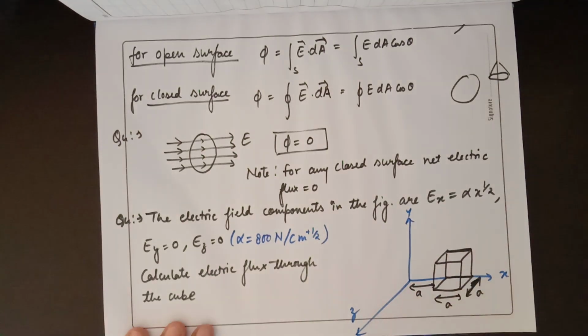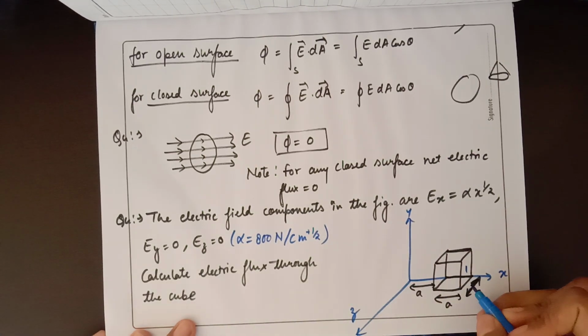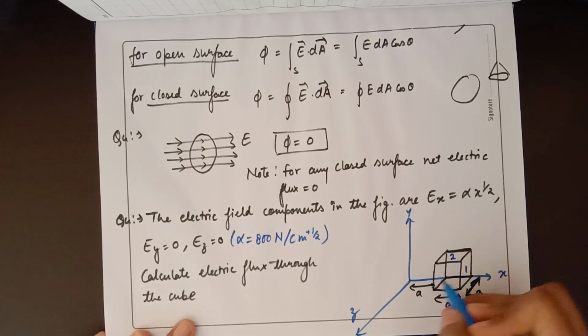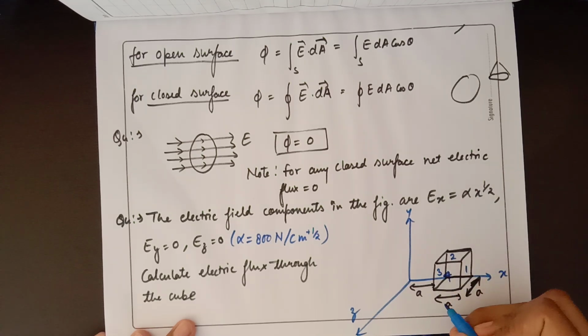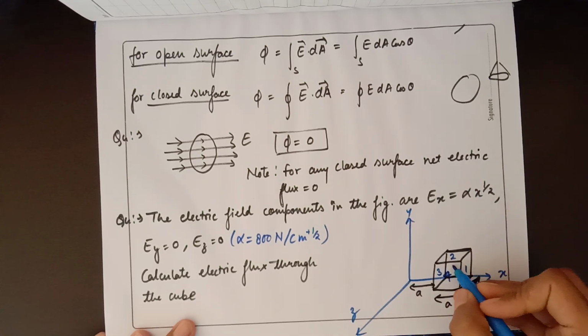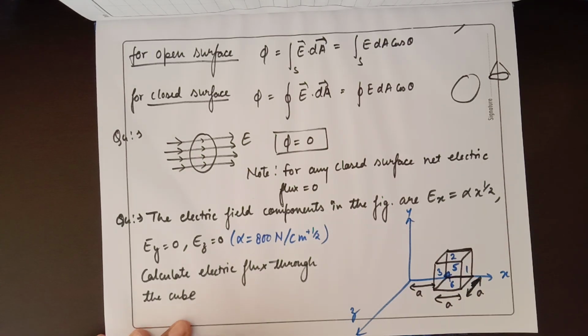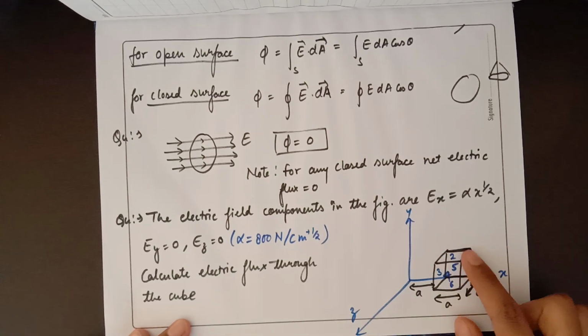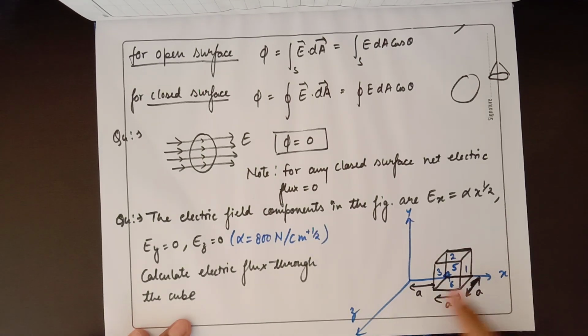But in this case I can write this face as 1, this face as 2, this face as 3, and I write the front face as 4, the back face as 5, and the bottom face as 6. It means this cube has 6 faces, means 6 surfaces.